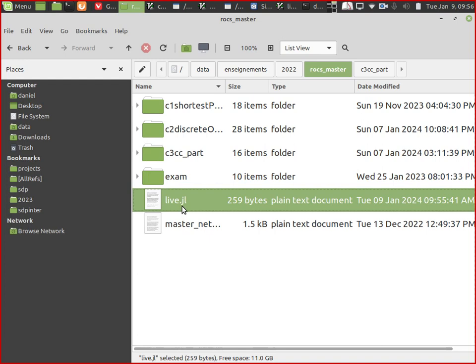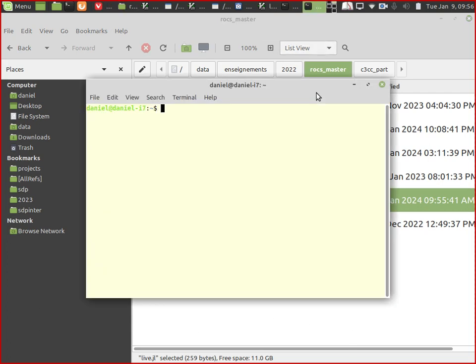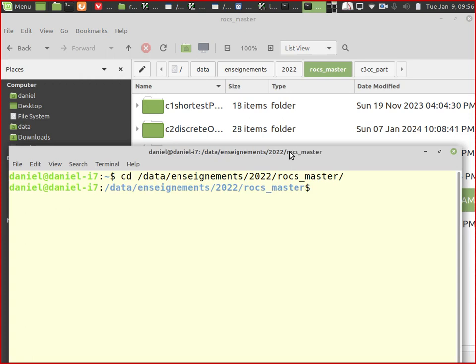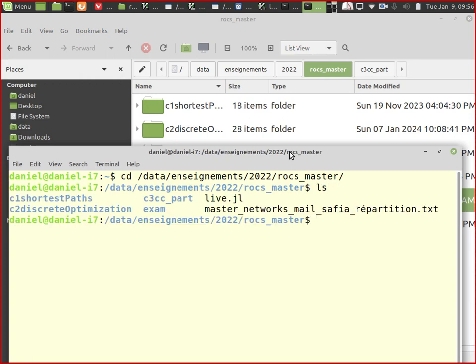You need to take a look where your folder is; my folder on Linux is on /data. You start a terminal and go to that folder. In this folder I type ls, and I see live.jl here. There are two ways of using Julia. Either you type julia live.jl like this.